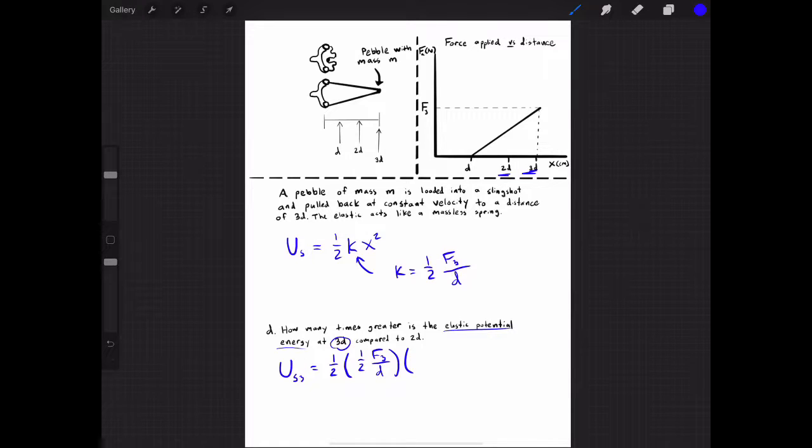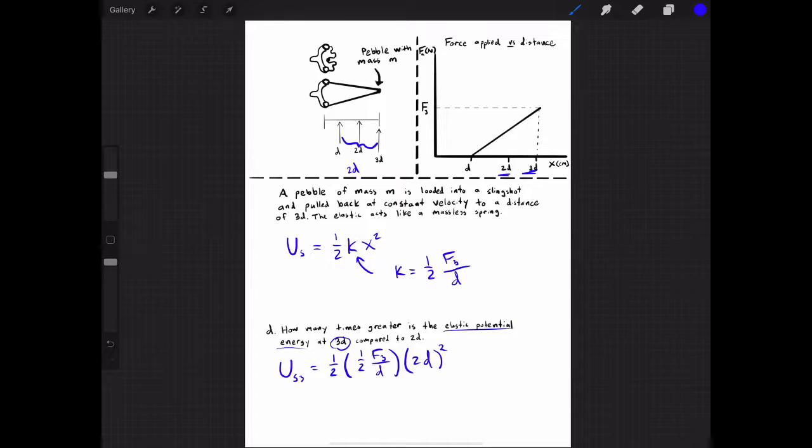Now, how much is it stretched in this case? Well, if it stretches from D to 3D, that's a total of 2D distance. That's how much it is stretched from equilibrium. So we'll plug that in here. That's 2D, and let's not forget the square.